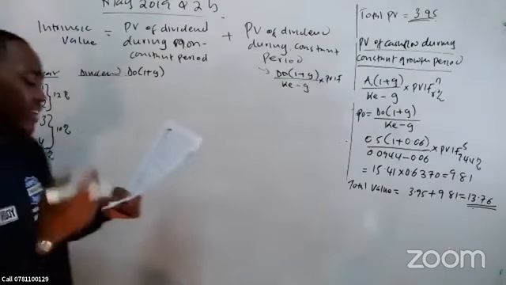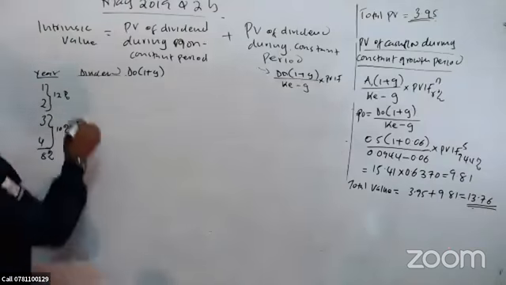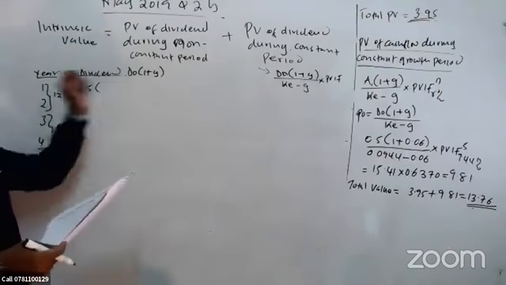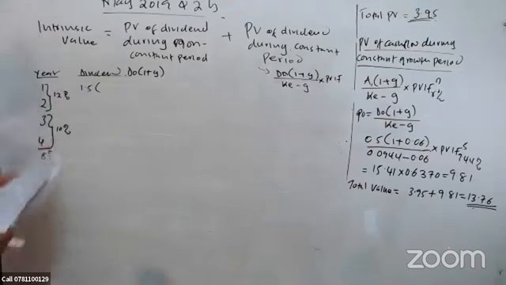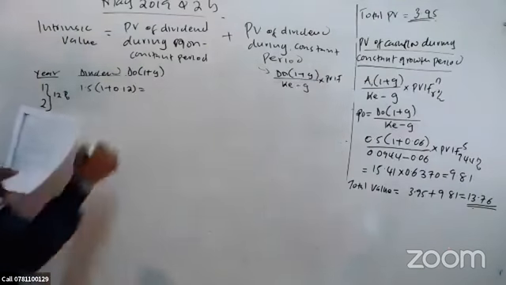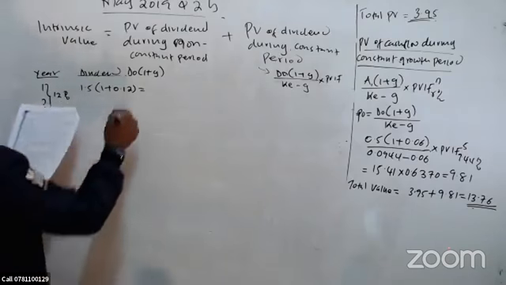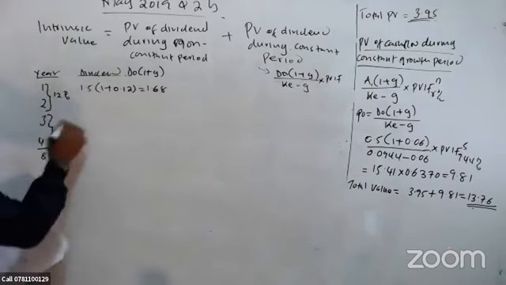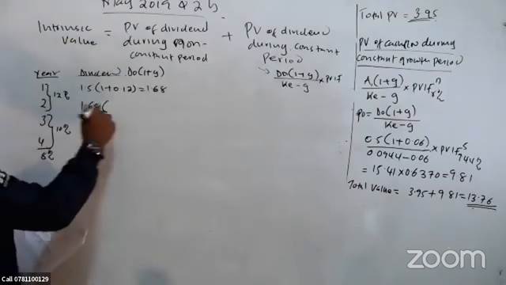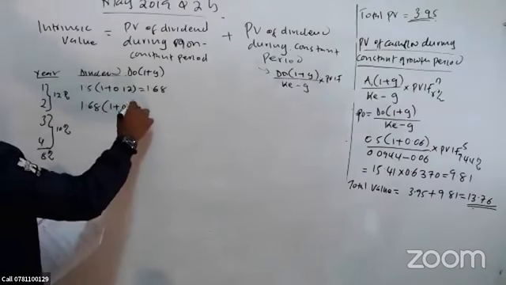We are told that the dividend which was previously paid was 1.5. So we take 1.5, and then you expect it to grow at the rate of 12% for the first 2 years. So we take 1 plus 0.12. In that case, you'll get 1.68. Then year 2, 1.68, it grows with another 12%. It's 1 plus 0.12.